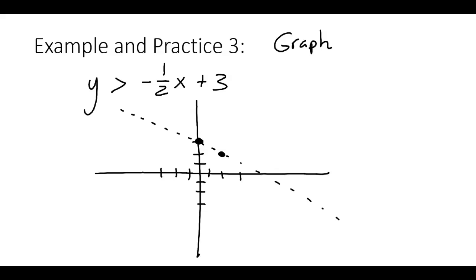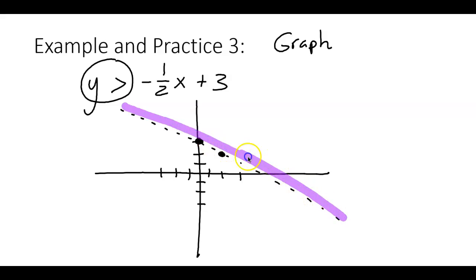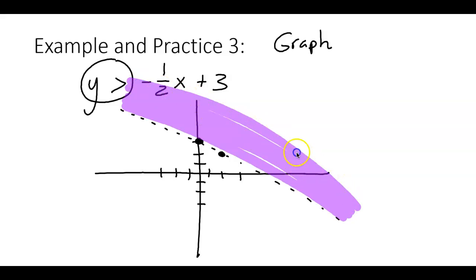That's correct. You guys see how this says y is greater than mx plus b? And when y is greater, we shade above. So that means any point up here works. So you could plug any point from this area up here into this equation, and you should get a true statement.